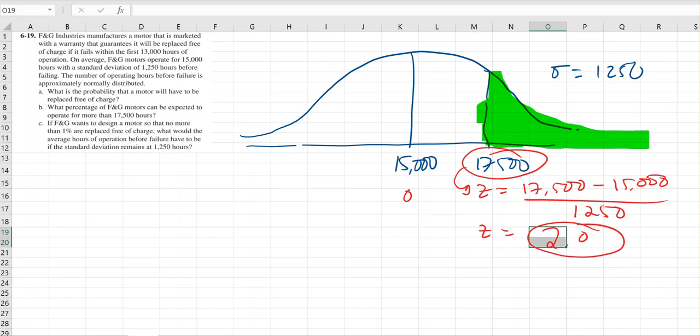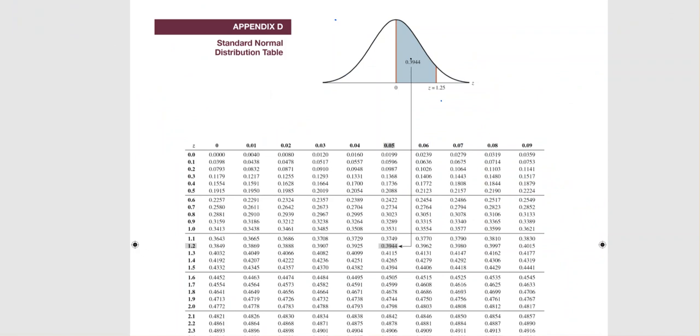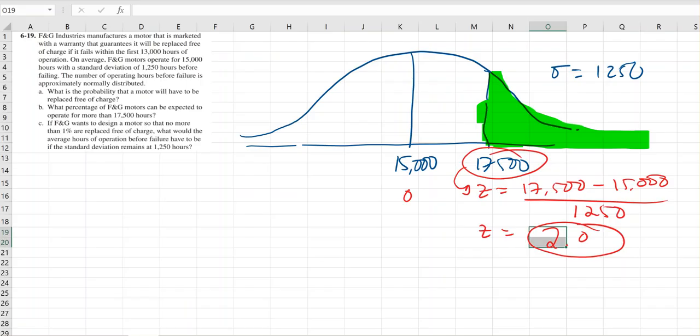Okay, so again, with the table, we do this. Again, the table only gives you the right-hand side, so pretend this is 2.0. So the 2.0, you look up, 2.0, 0.4772, right? So I know that this is 0.4772. I'm not looking for that part, I'm looking for that part. So let's go back to here. I know that this is 0.4772 because the table only gives you the area from the mean upwards.